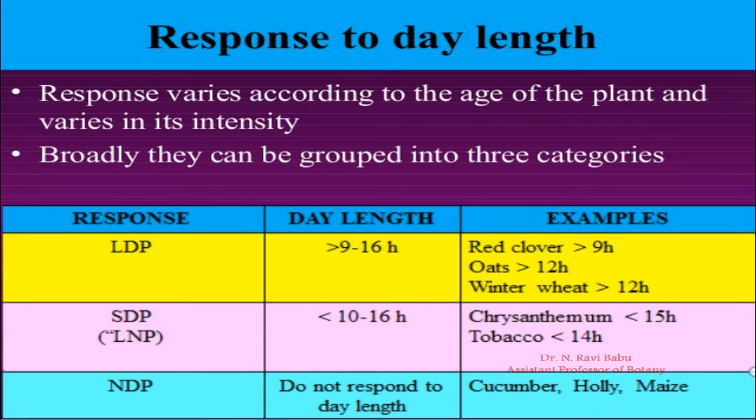That means they are not working under the time period, I mean, to what extent the light is there, not like short day plants or long day plants. They can better be concluded as insensitive to day length.